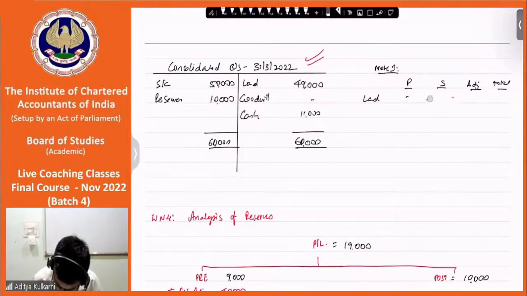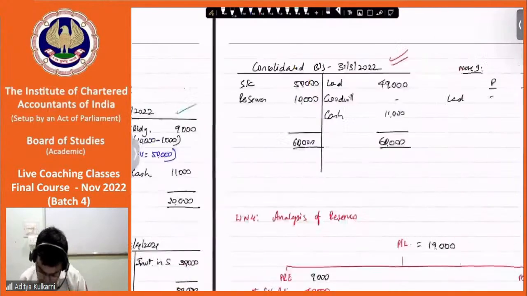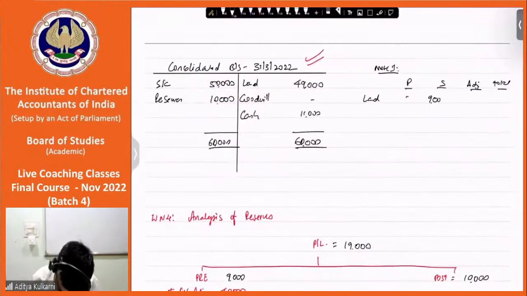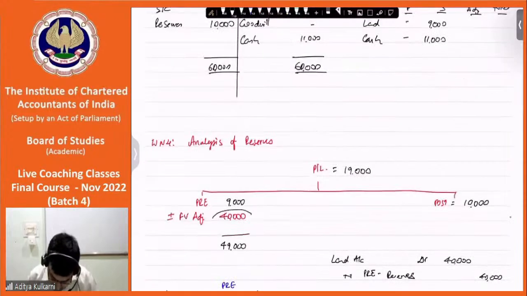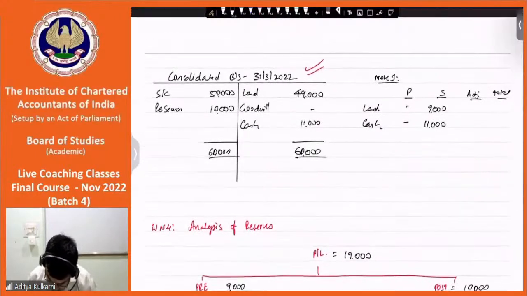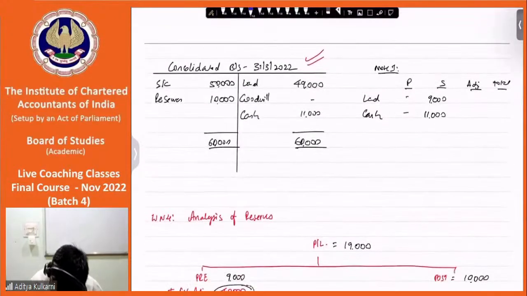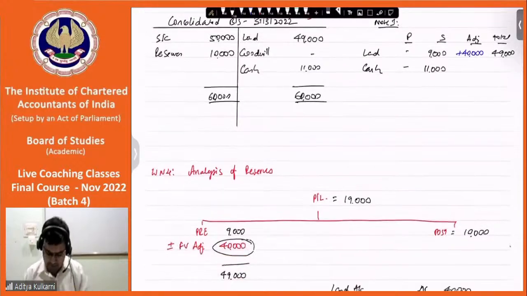Sorry, in SK's books land would appear at 9,000, then you would have cash appearing at 11,000. Because of this adjustment entry, there is a plus 40,000 that is going to come here. And this is 49,000.